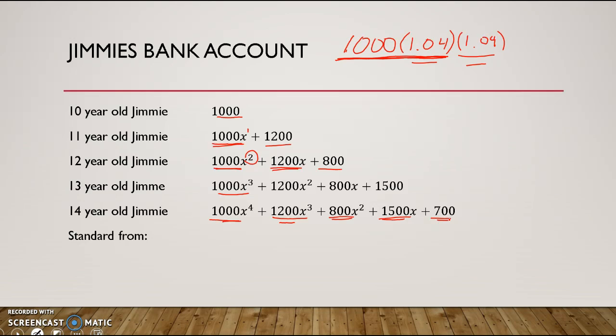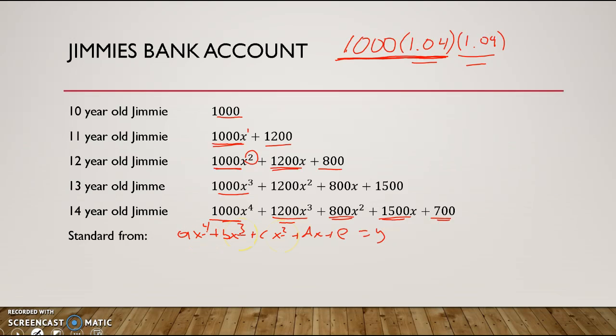In standard form, we always have a times x to, let's say it's to the fourth, and then plus b times x to the third. It might be c times x squared, and then d times x, and then plus e. And so in standard form, we're always descending with our exponents. So if it starts with 4, it's 4, 3, 2, 1.